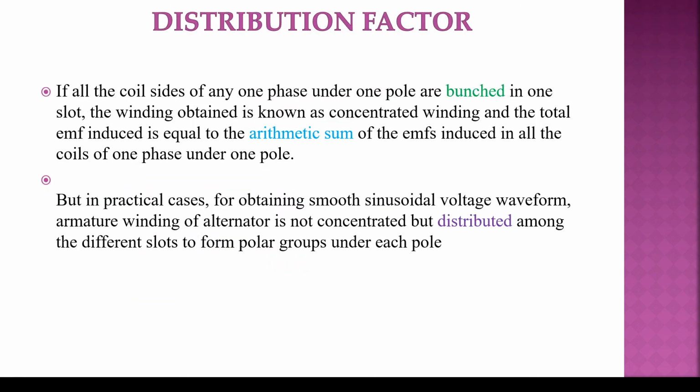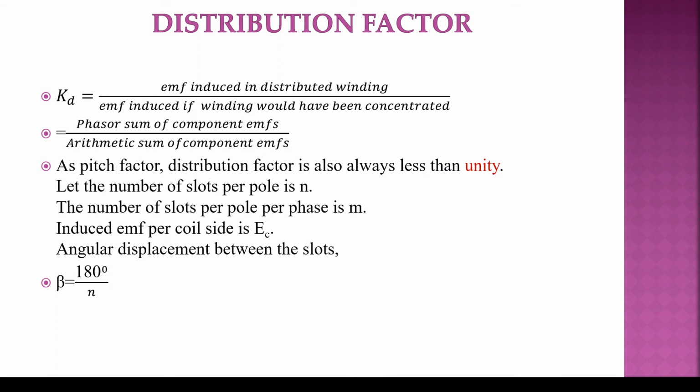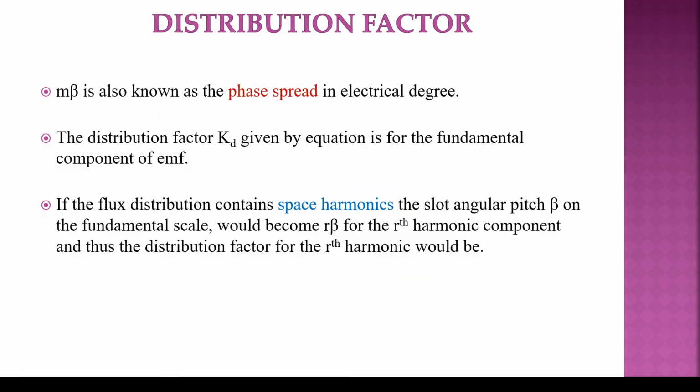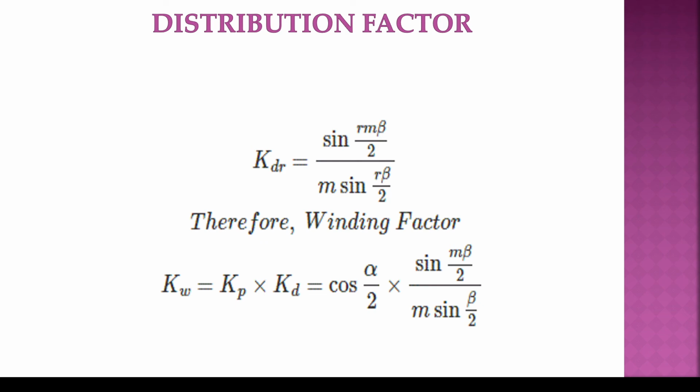And distribution factor, the definition is EMF induced in distributed winding by EMF induced if winding would have been concentrated, or it is equal to the phasor sum of component EMFs by the arithmetic sum of component EMFs. Its value we got as sin(m beta/2) by m sin(beta/2). The multiplication of these two factors is the winding factor. Kw is Kp Kd, that is, Kp is cos alpha by 2, Kd is sin(m beta/2) by m sin(beta/2).